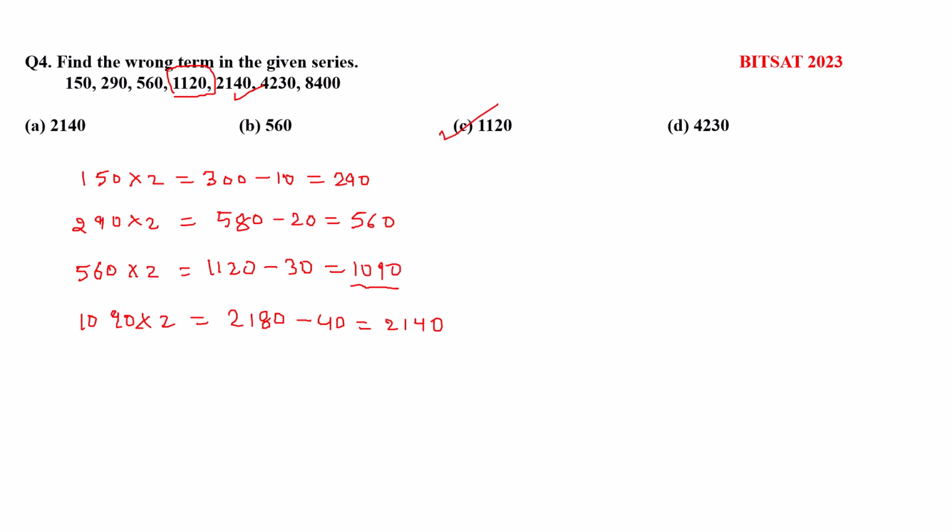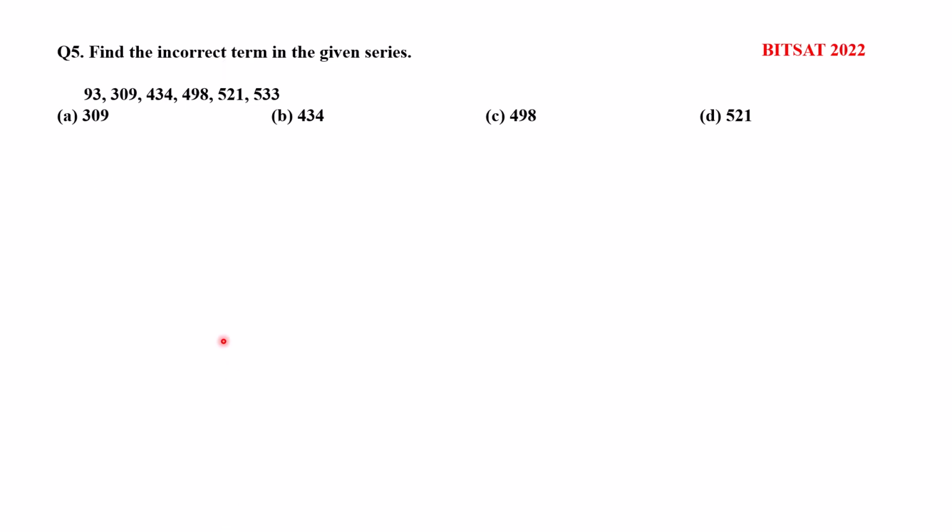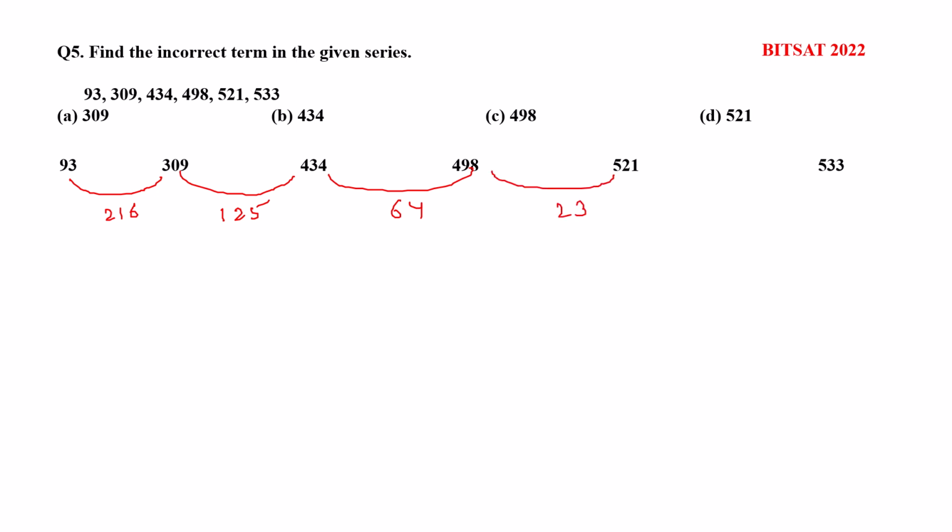Fine. Now moving to next question. Find the incorrect term in the given series. So this is the series given. So let's find the difference. The difference between 93 and 309 is 216. Difference between 309 and 434 is 125. This difference is 64. Here I am getting the difference as 23. So till now if you notice here, this is 6 cube, this is 5 cube, this is 4 cube.